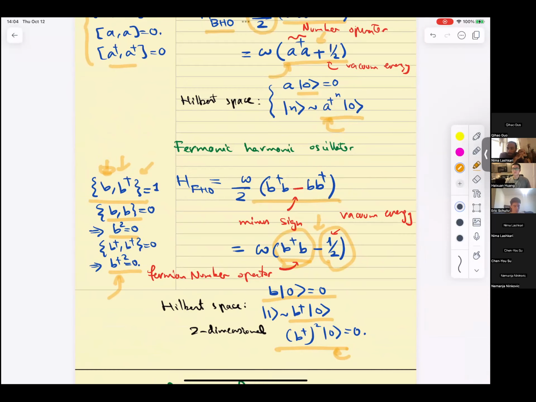By statistics here, we mean there are two choices to make: CAR or CCR, anti-commutation relations or commutation relations. We said that integer spin means commutation relations, half integer means anti-commutation relations. We're now going to focus on spin half particles, the Dirac equation. For spin half particles, therefore, they have to be anti-commuting variables.